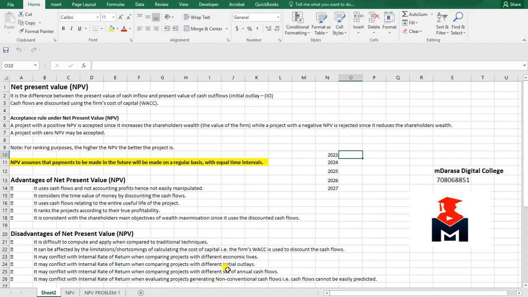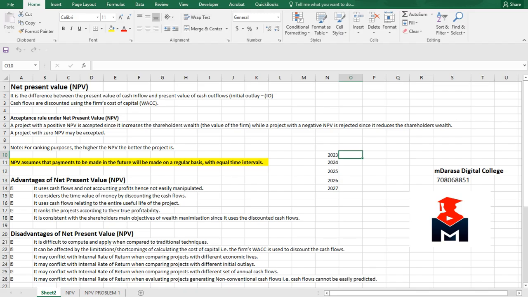Now, what is XNPV? Basically, XNPV is just like the normal NPV, which we use to discount our cash flows and compare with our initial outlay, so that it assists us to know if the project we are investing in is viable or not, right?